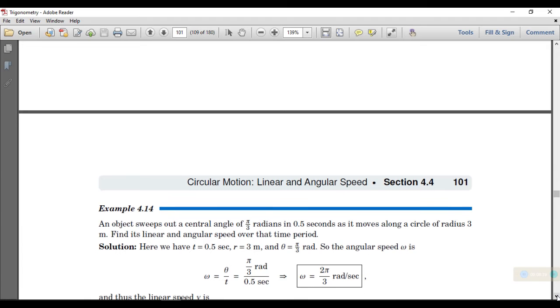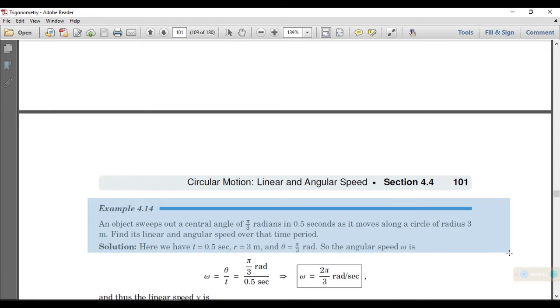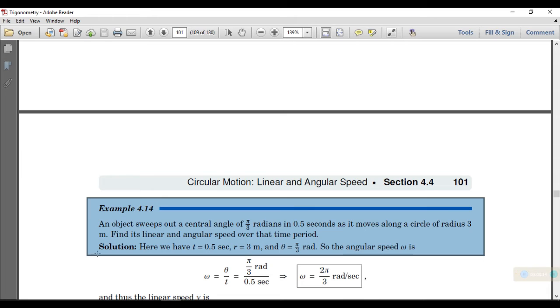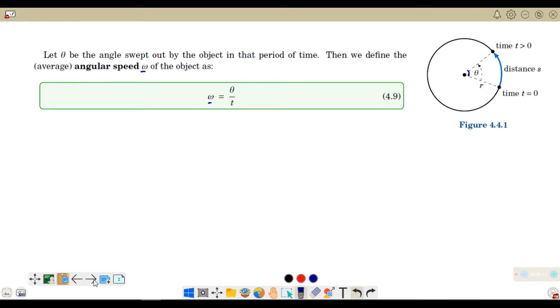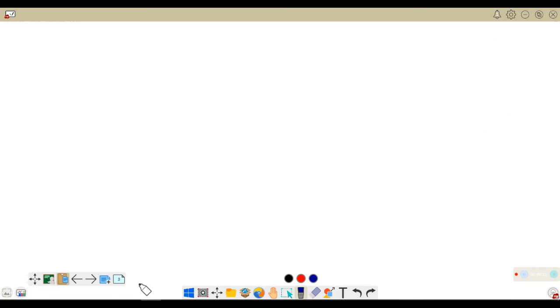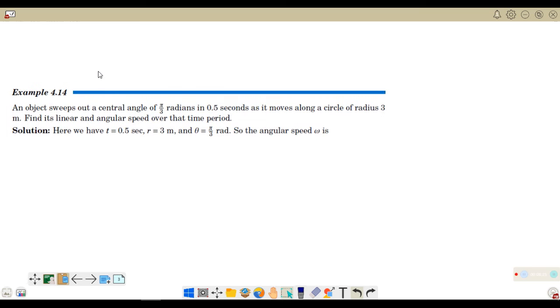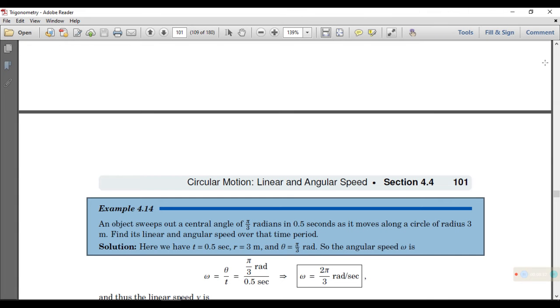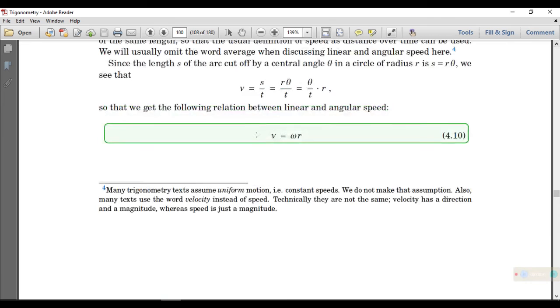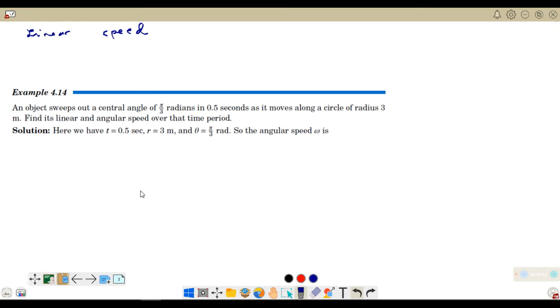So, let's look at one example. Before we go to this example, sulat muna natin dito yung mga formula natin para hindi natin siya nakakalimutan. So, si linear speed ay dalawa yung formula. Paste ko sila parehas.